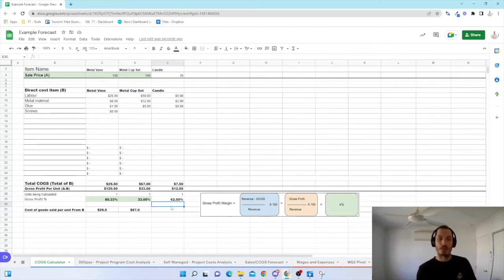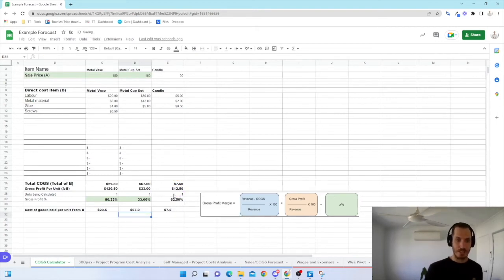And just for those people that do need to generate a larger amount of volume or look at things that are higher volume than the individual product, or they're not capable at this point in time to break it down to each individual sale, what I'm going to do is this equation here, which is my total cost of goods sold divided by my units. So in this case, we're going to go equals my cost of goods sold divided by the units.